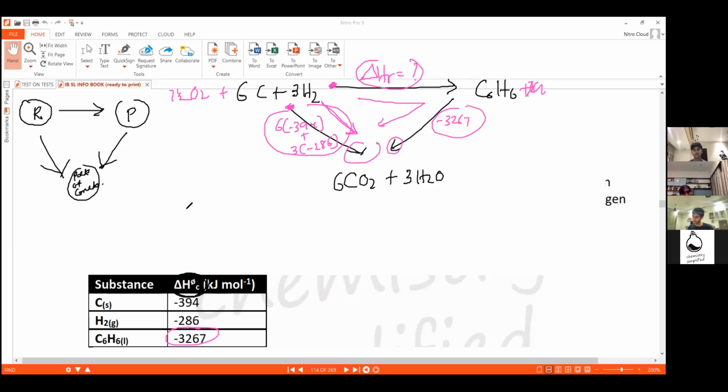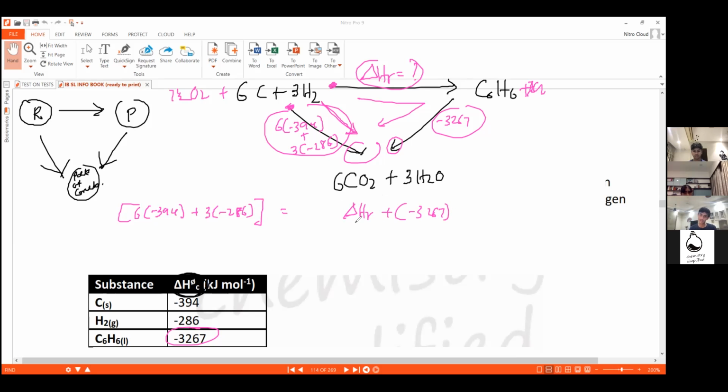So I'll write the equation here: 6 into minus 394 plus 3 into minus 286 is equal to the enthalpy change of reaction plus minus 3267.